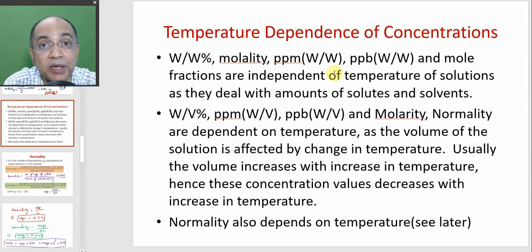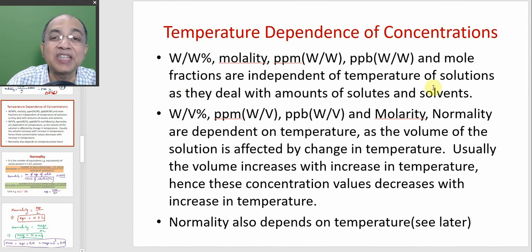It may be 1.15 liters at high temperature. So that ratio will be different. So W by V percent, ppm, ppb of the W by V type, molarity, normality, they are all temperature dependent. But the ones which are independent of volume, dependent only on mass, W by W, molality, ppm W by W, ppb W by W, and mole fractions, they are independent of any change of temperature, right?